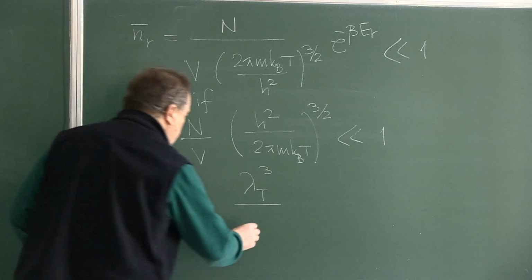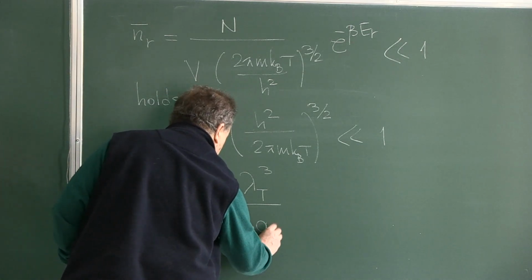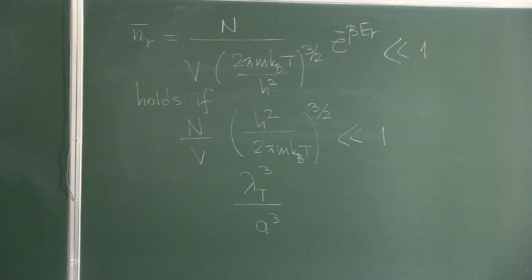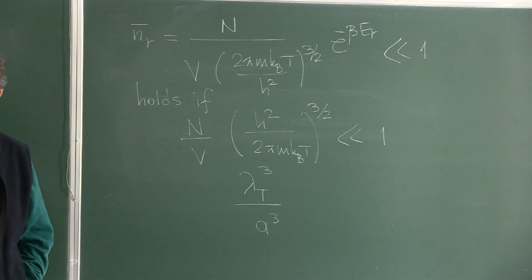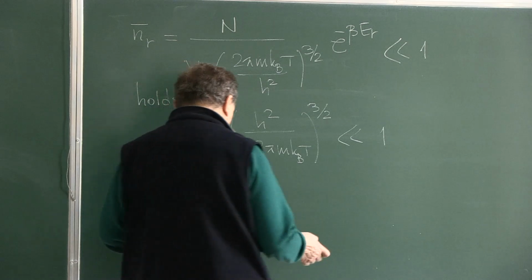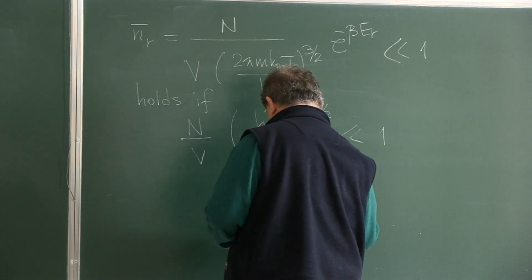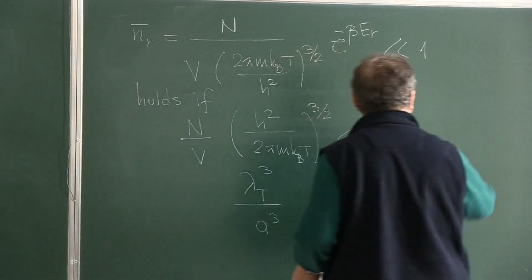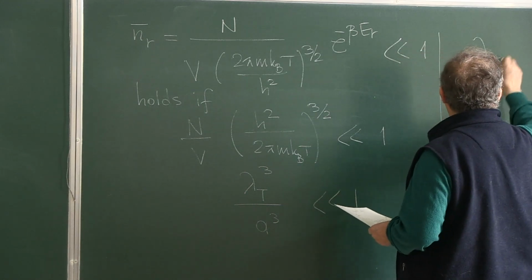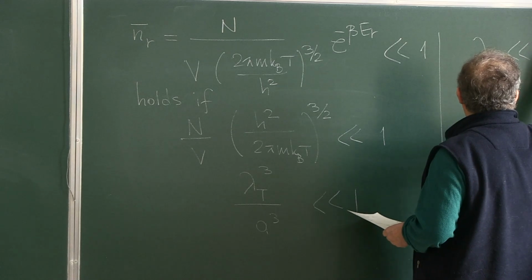So if you write it as a distance cubed, a cubed equals volume per particle, this a is like the distance between particles, the average distance between particles. So you are really comparing two distances. That is also equivalent to lambda_T being very much smaller than a.